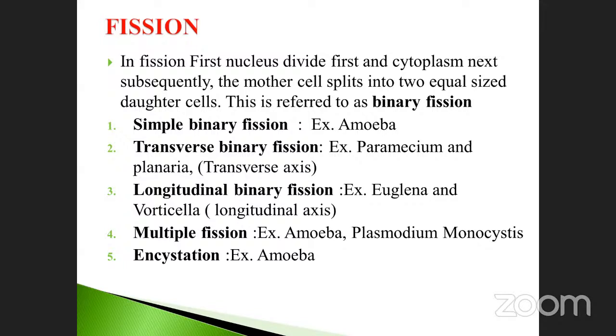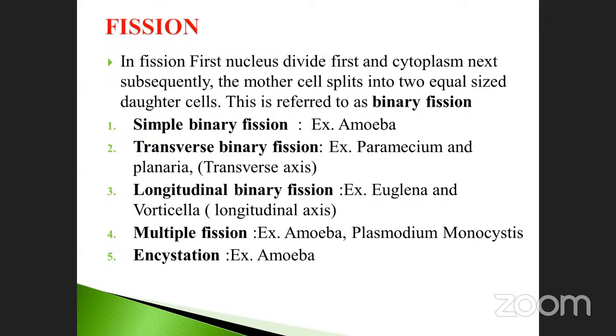And multiple fission: here the specialized single cell, otherwise called the mother cell, divides into more than one within the mother cell. But here the specialization is that there is no cytoplasmic division.